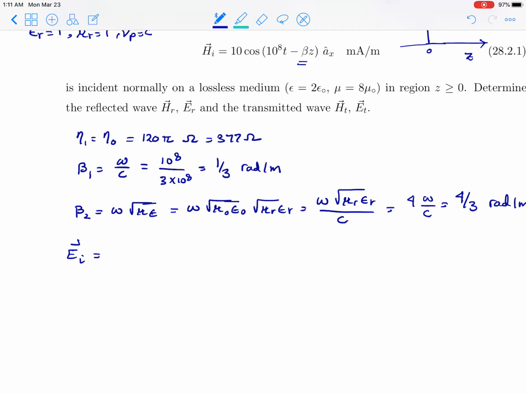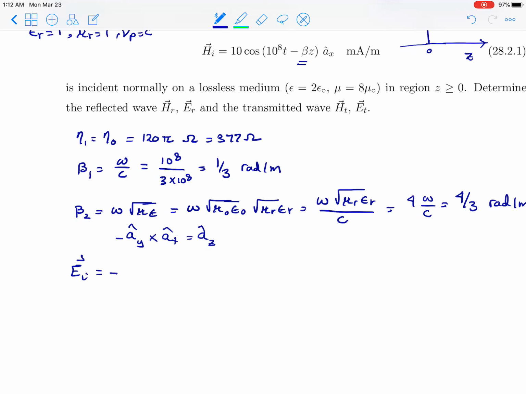So that's going to be 10 times 120 pi. The magnetic field is along the positive AX direction, and the propagation is along AZ, which means this one has to be negative AY.